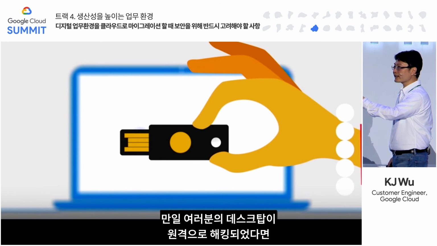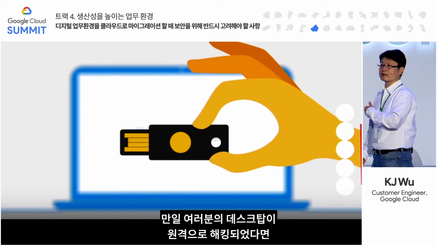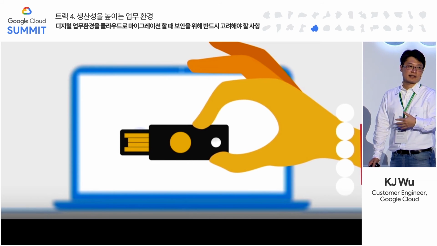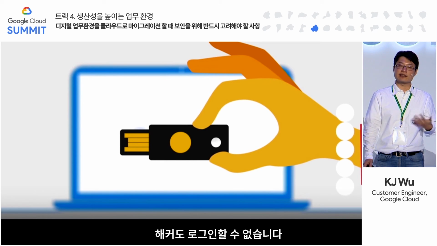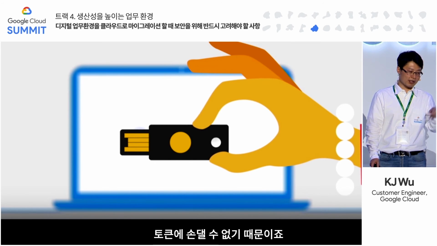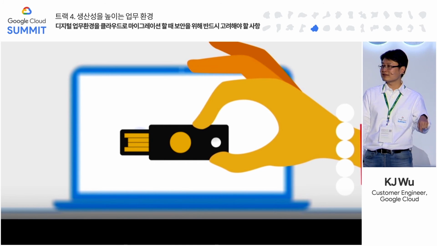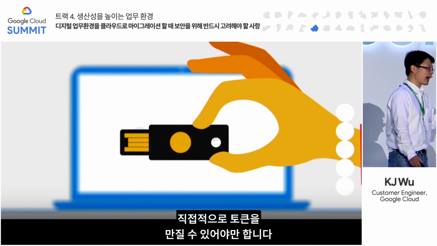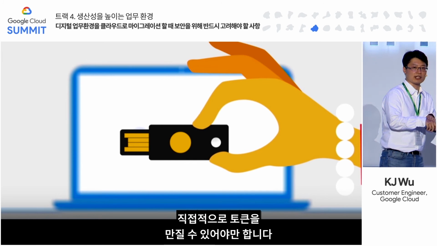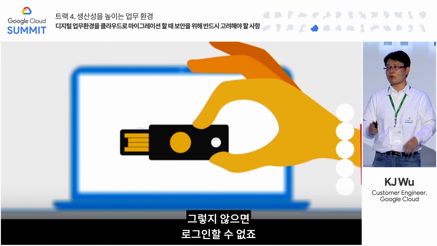So I enter my password, and I also need to physically touch the token. Otherwise, it won't pass. What's the benefit of that? If your desktop is hijacked by someone remotely, they cannot log in either. Why? Because they cannot touch the token. They have to physically touch the token, otherwise it won't work.